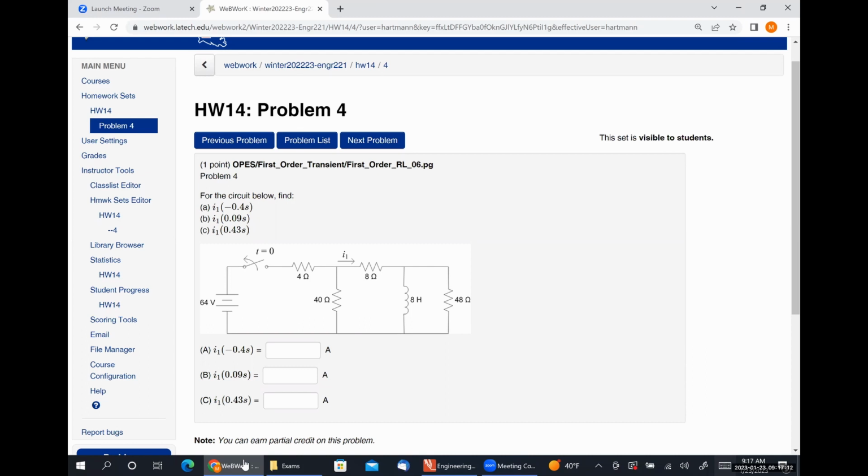And in truth, the inductor current at t equals 0 minus will be the same as I1 anyway, since all of I1 will flow through the short that is the 8 henry inductor and avoid the 48 ohm resistor.